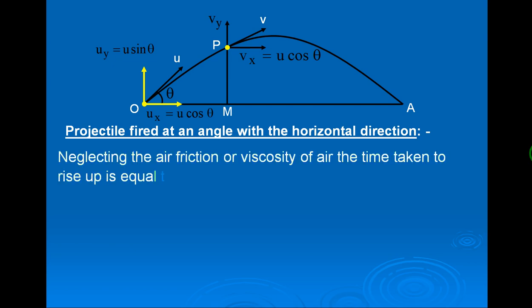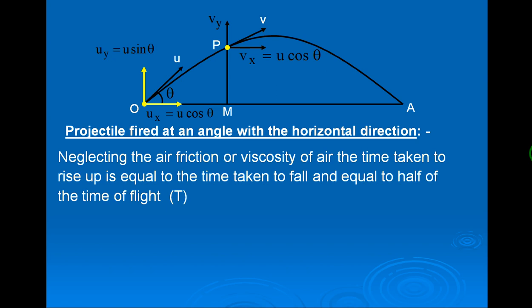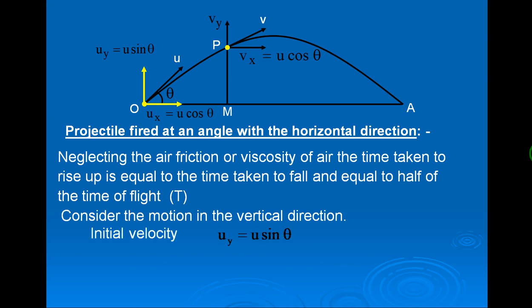Neglecting the air friction or viscosity of air, the time taken to rise up is equal to the time taken to fall down, and equal to half of the time of flight, capital T. Consider the motion in vertical direction. Initial velocity Uy is equal to u sin theta. Final velocity Vy is equal to 0, because at the highest point the vertical velocity becomes 0.